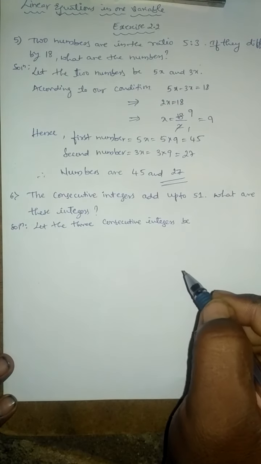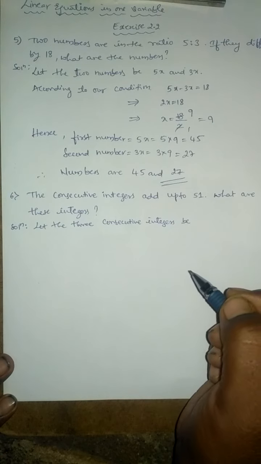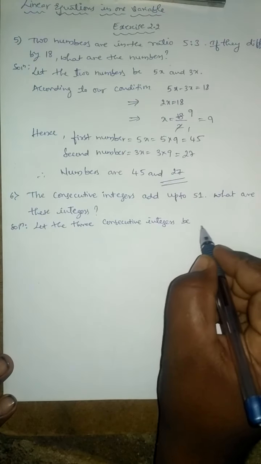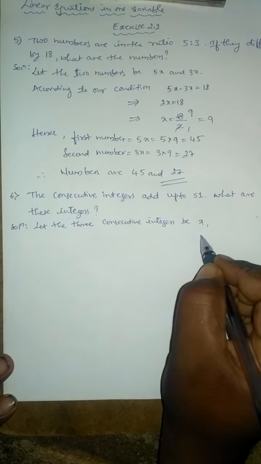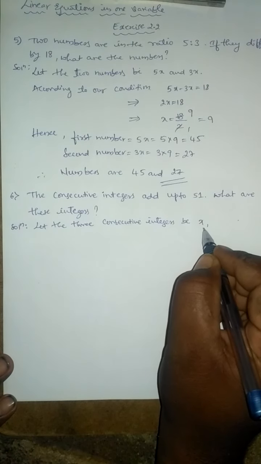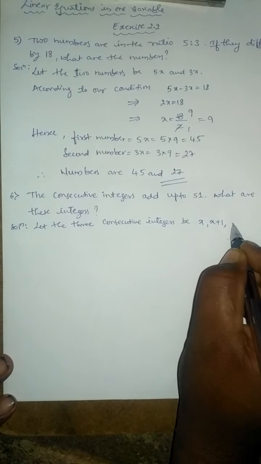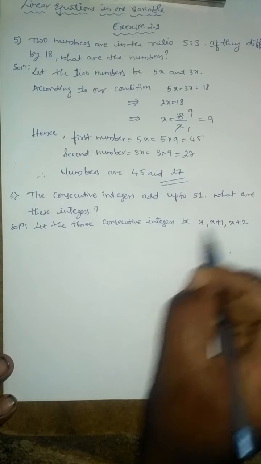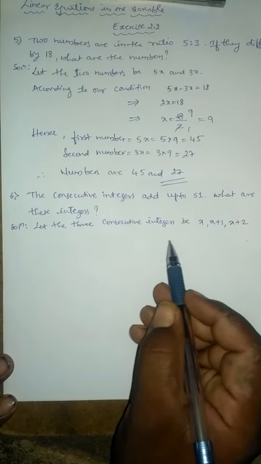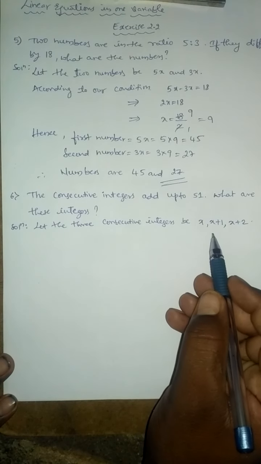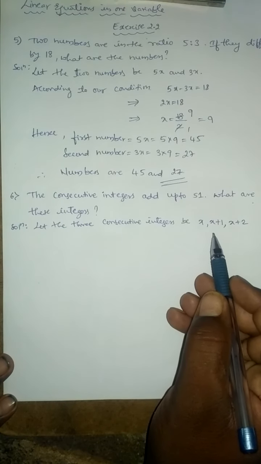We don't know what the first number, second number and third number are. So the first number I am going to take as x. If the first number is x, 1 will be added to it, so the next is x plus 1. The next number is x plus 2. So the three consecutive integers are x, x plus 1 and x plus 2.